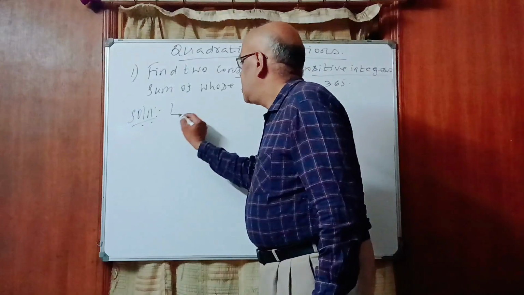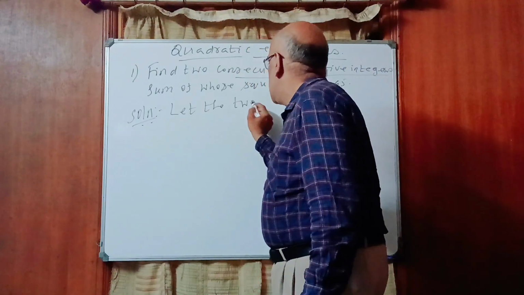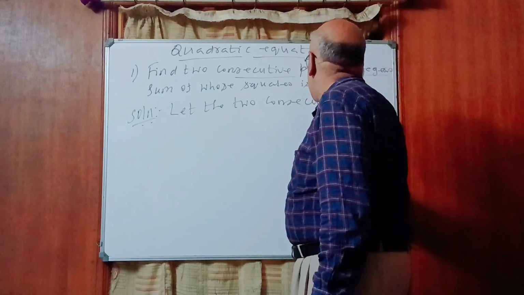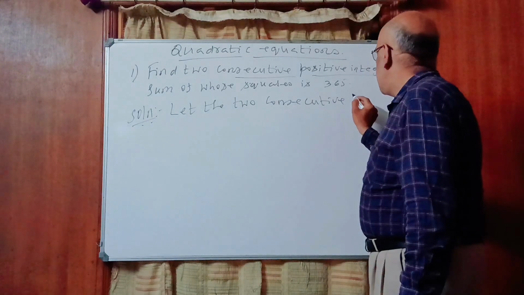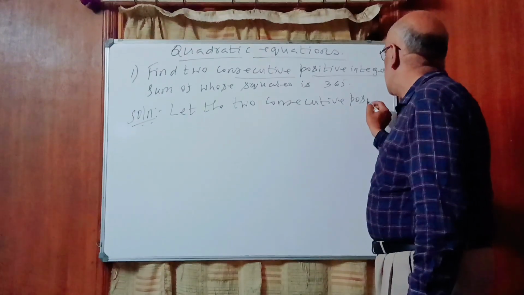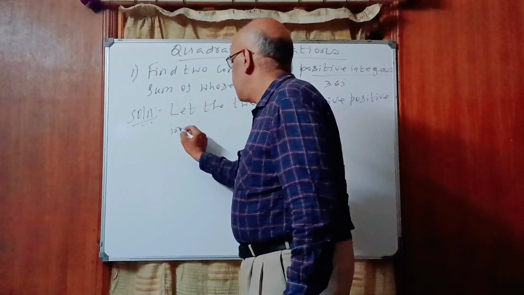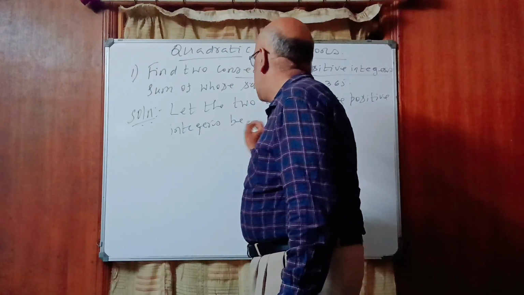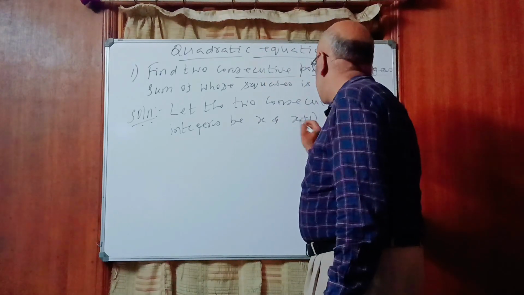So let the 2 consecutive positive integers be x and x plus 1, which means they are next to each other.